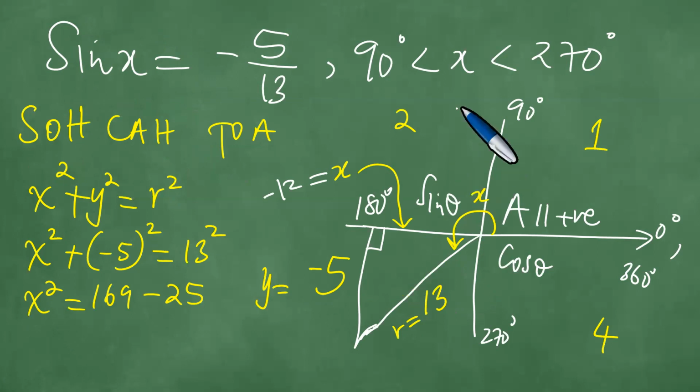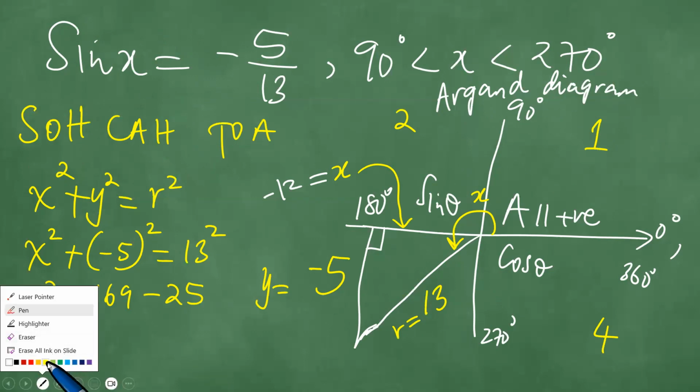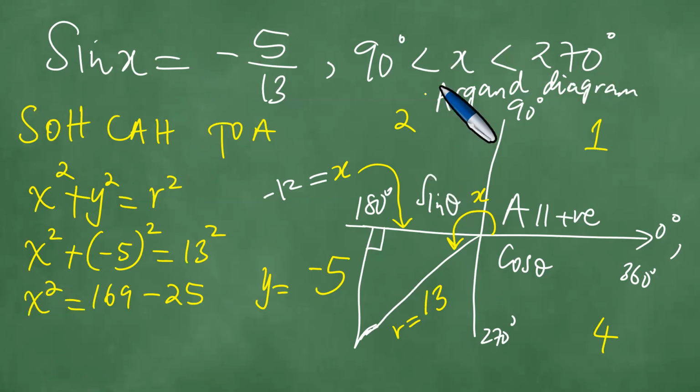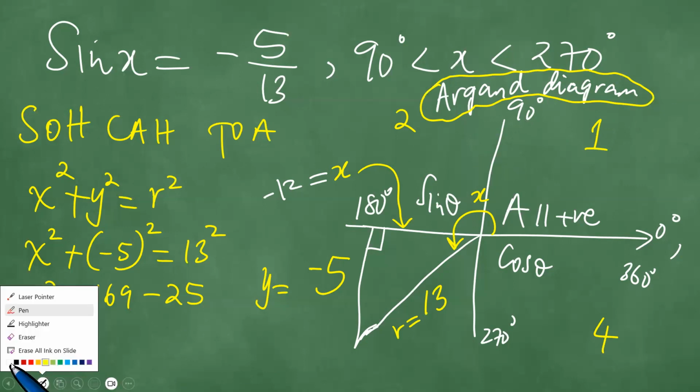This diagram, also called the Argand diagram, has been drawn for us. Okay, good. So we are excited about this, and we proceed. The Cartesian plane is also another name of this particular diagram.